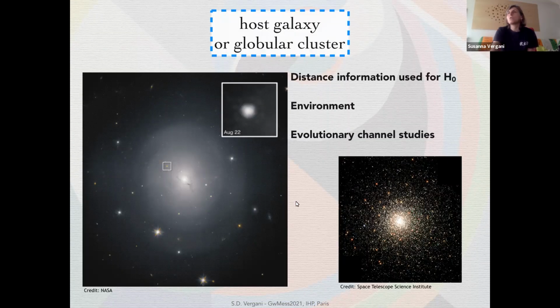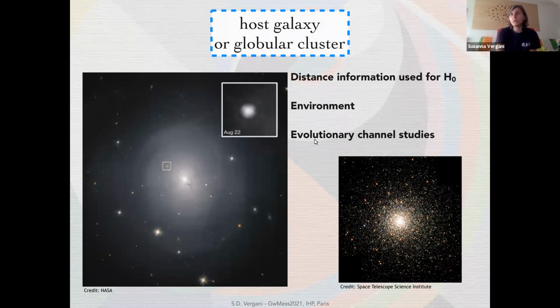So this electromagnetic counterpart is very important. As you will see, it can help to detect the other counterpart, and it is very important because when we determine the redshift of this galaxy, we can use the information jointly with the gravitational wave information to determine the Hubble constant with much smaller errors.